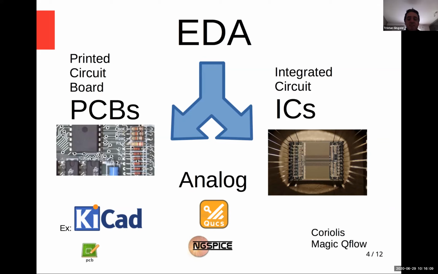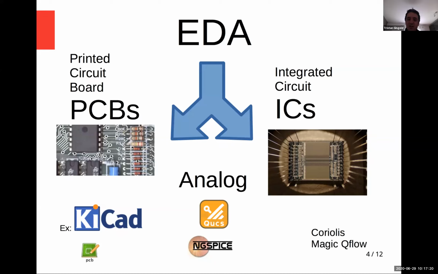In between, I will just mention quickly analog tools, which can be used either for PCBs, because you want to simulate how signals propagate on a board, or for analog ASIC. Some of the known tools are Qucs for circuit simulation, and ngspice, which is derived from the well-known SPICE tool.